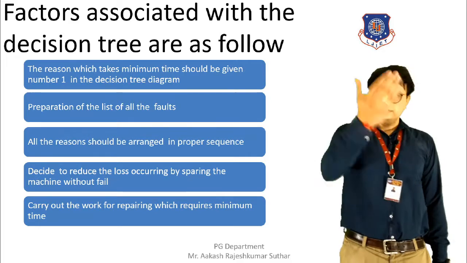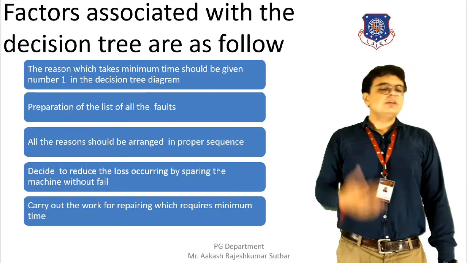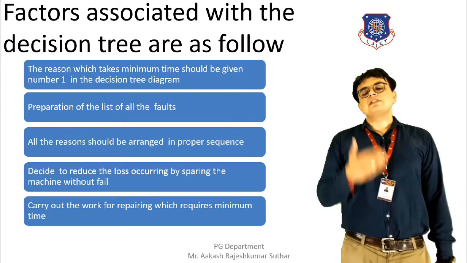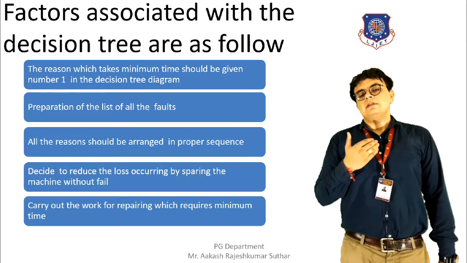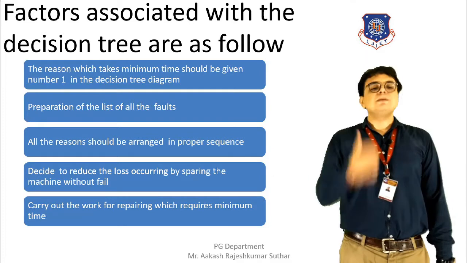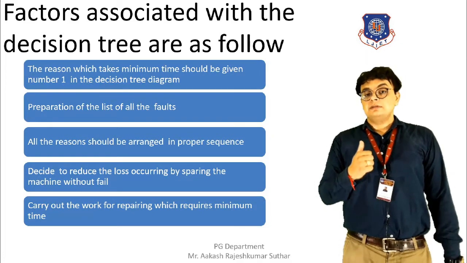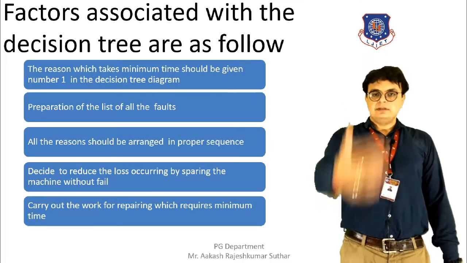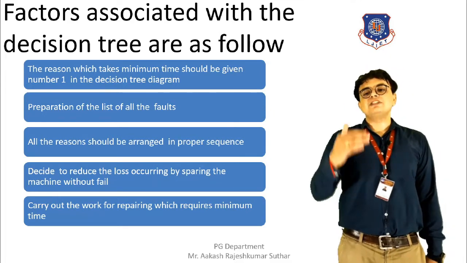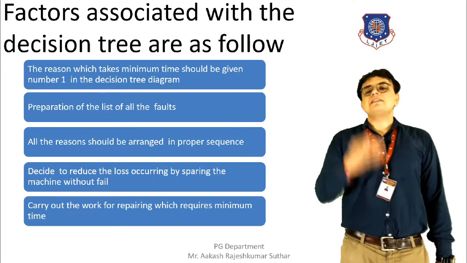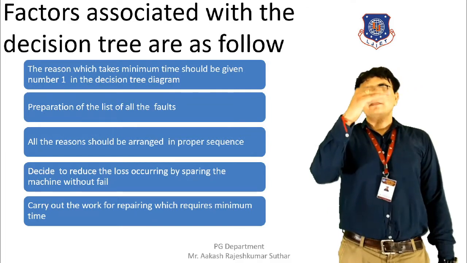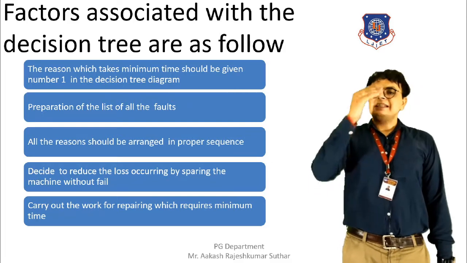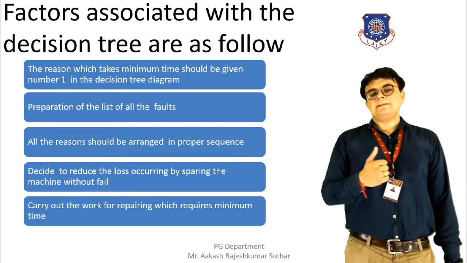So this is how the listing of all the faults should be done. The proper list is prepared now, and we have arranged it in a proper manner so that the fault which is cured easily with lesser time will be first, and the fault which requires more time will be at the last.